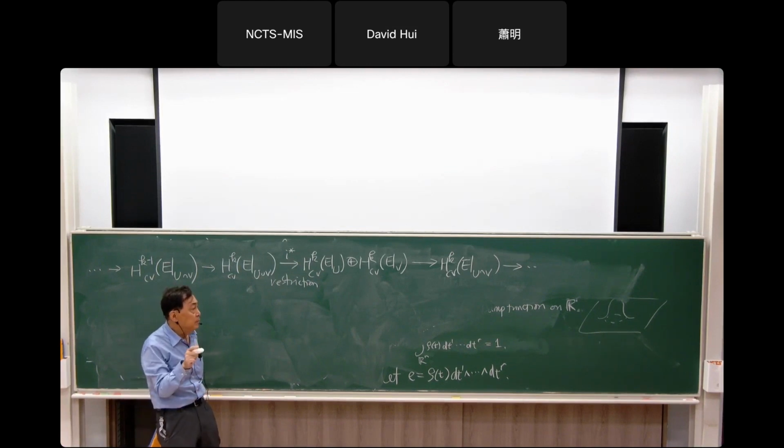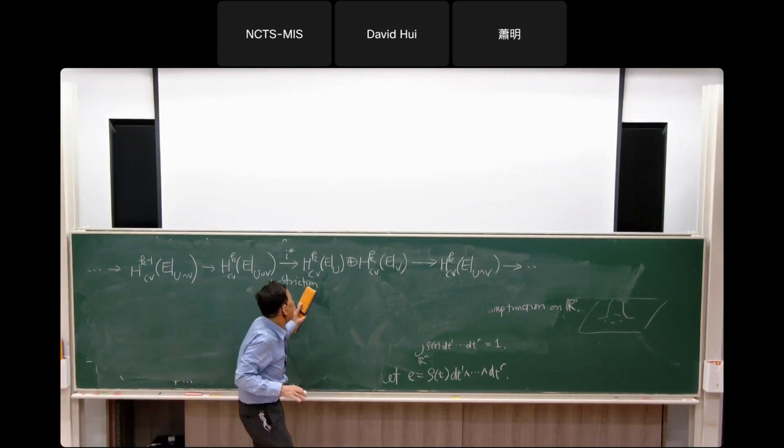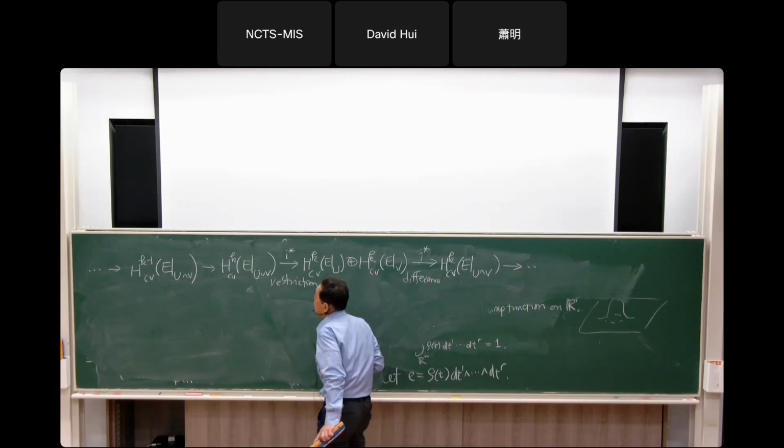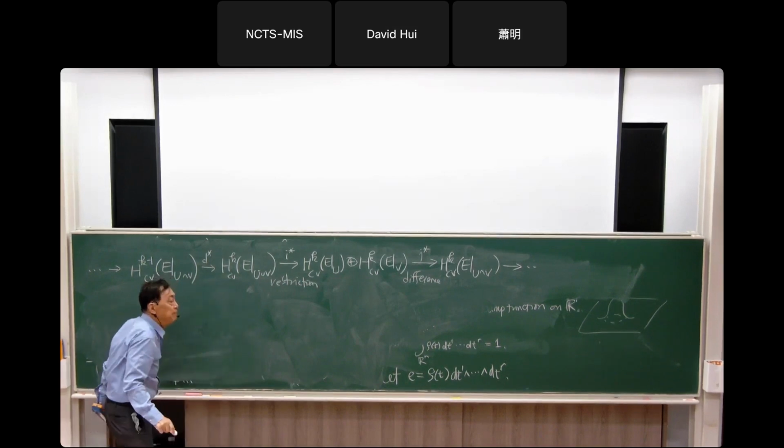For compact support, it goes in the other way because it's by extension by 0. But this is restriction. And then this is the difference. Okay, and this is the upper star.